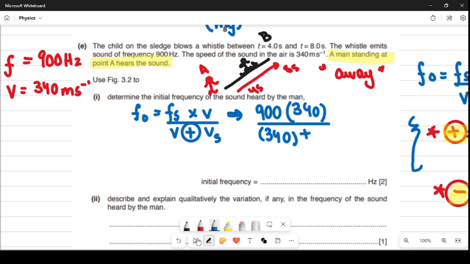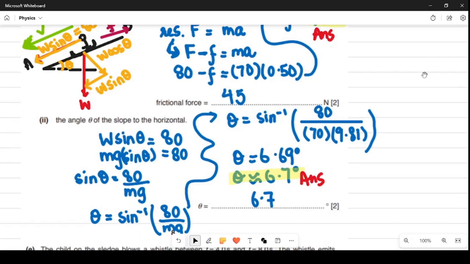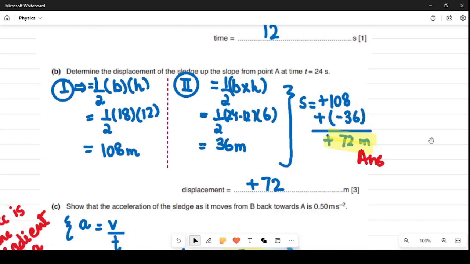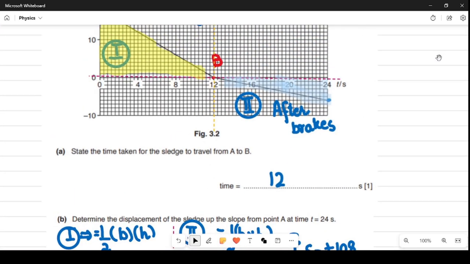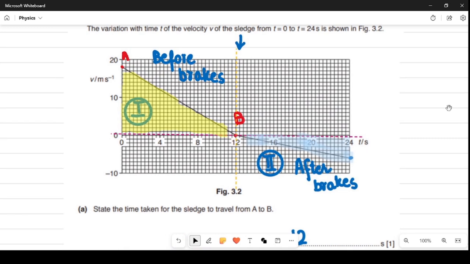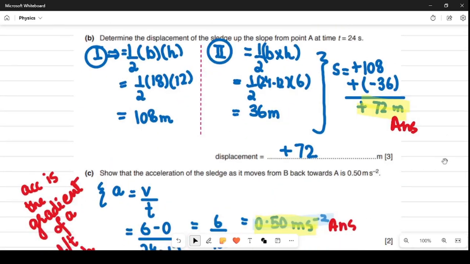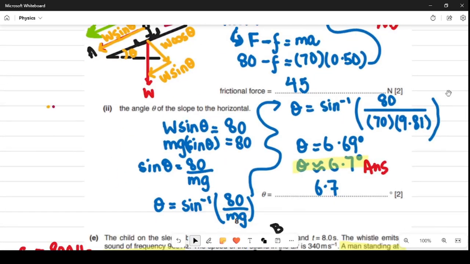We basically need to go back to the graph. This is 4, this is 8, this is 12. So we have 12 meters per second.